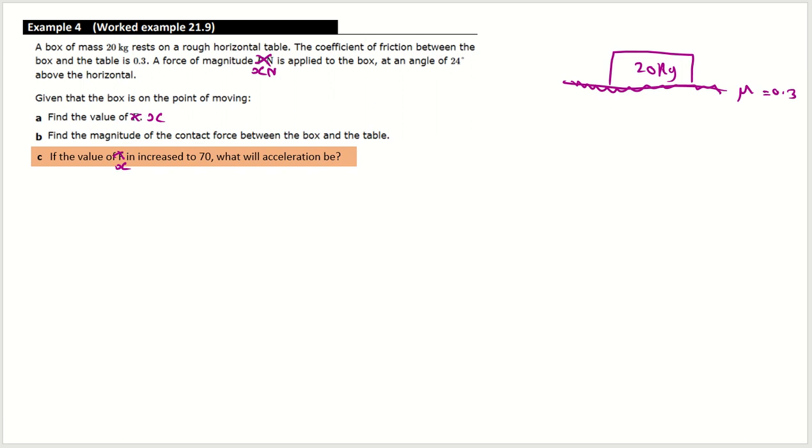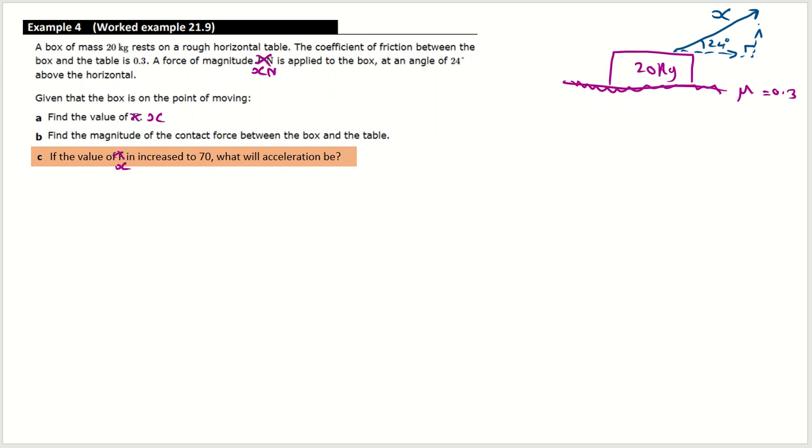Because it's rough, I'm going to have friction, so let's get the force on first. A force of magnitude X is applied to the box at an angle of 24 degrees above the horizontal. X and 24 degrees. Let's go right and up.